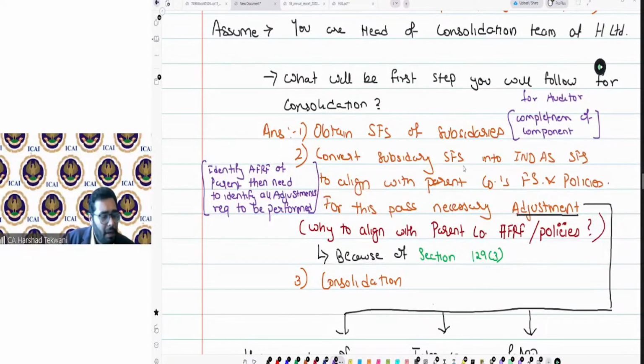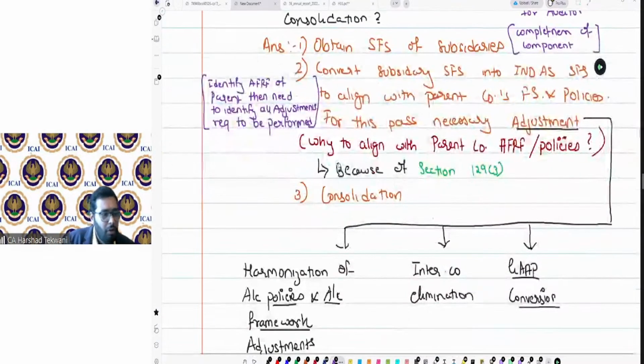Okay. Then consolidation. In this phase, I will understand whether all adjustments are performed appropriately.